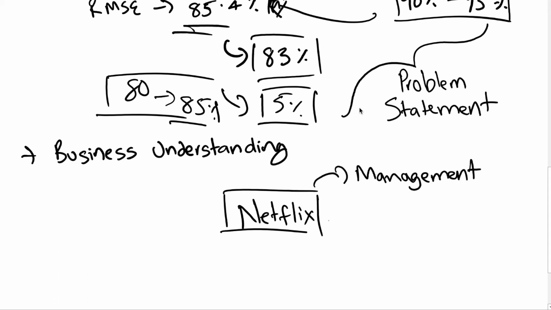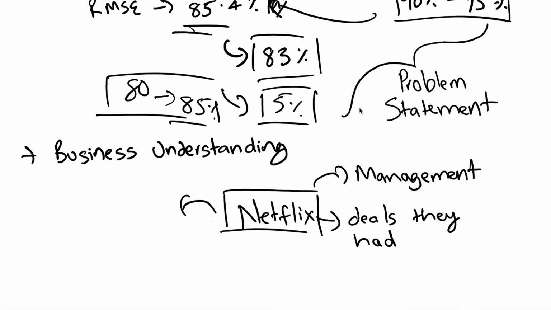Management, you would like to know what type of deals they have had in the past. So by deals, what I mean is what type of movie directors they like to work with, etc., etc.